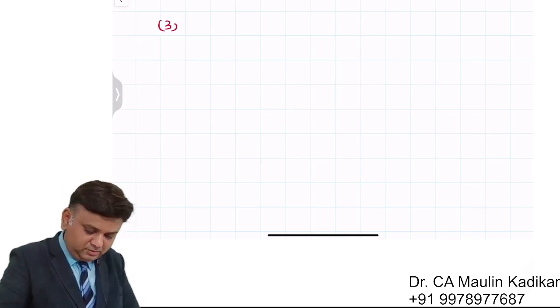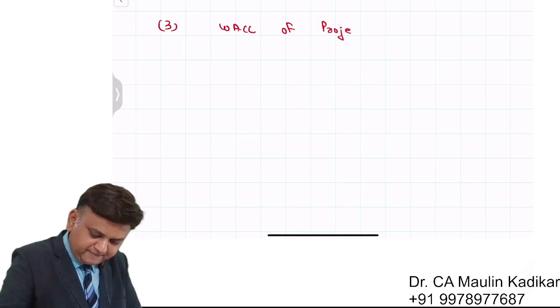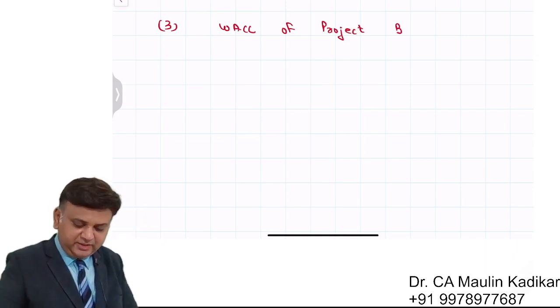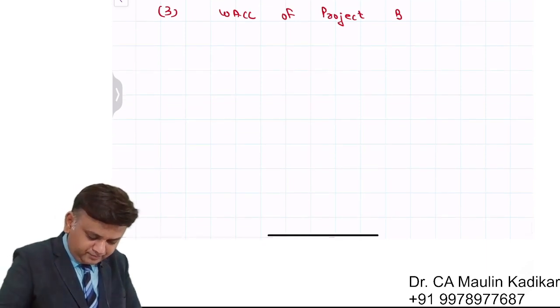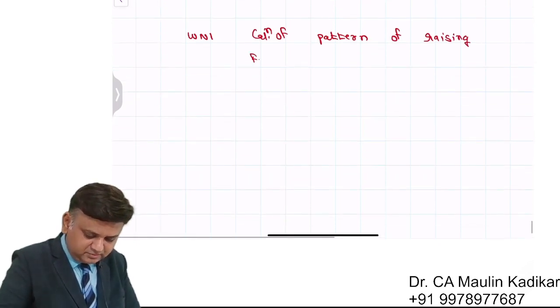Write down the heading: weighted average cost of capital of project B. In that, write down working note number 1, calculation of pattern of raising funds.